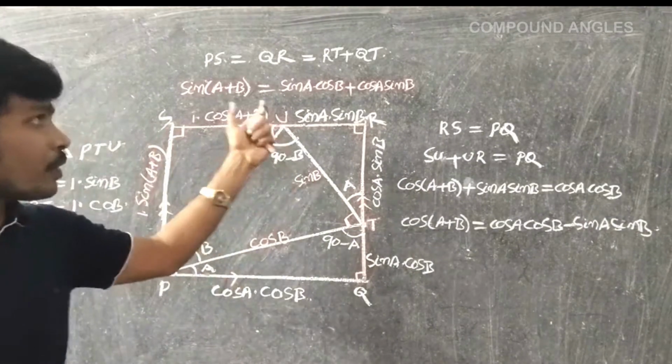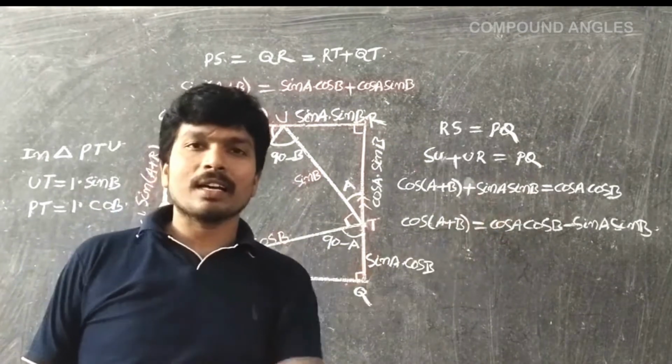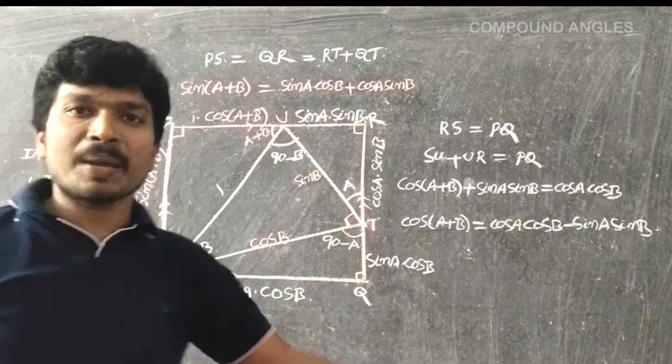Sin of A plus B equals sin A cos B plus cos A sin B. Cos of A plus B equals cos A cos B minus sin A sin B. This is one of the approaches, and the simplest approach.